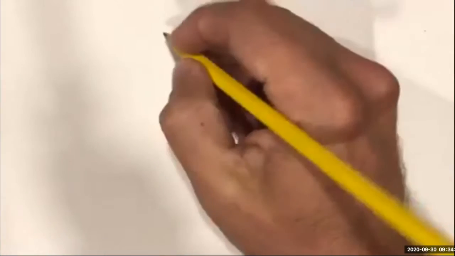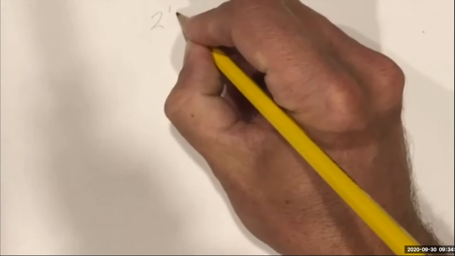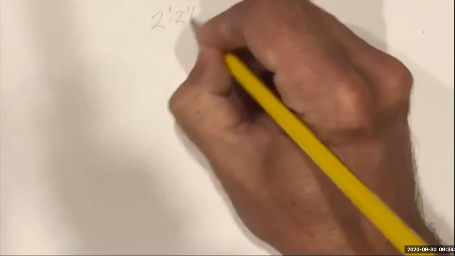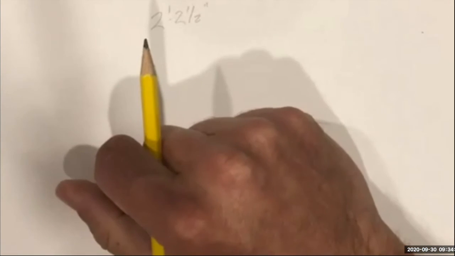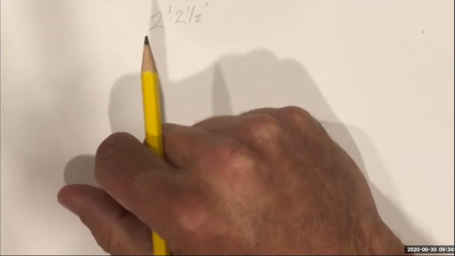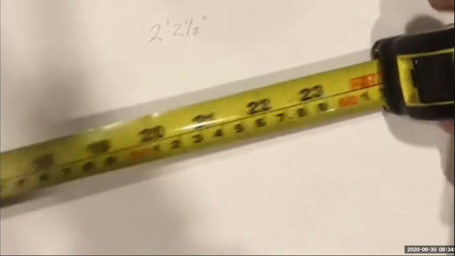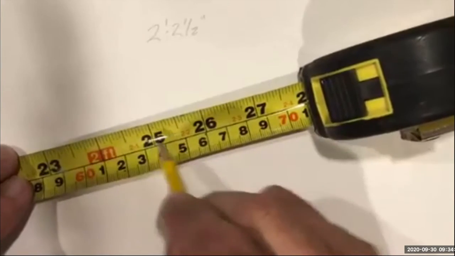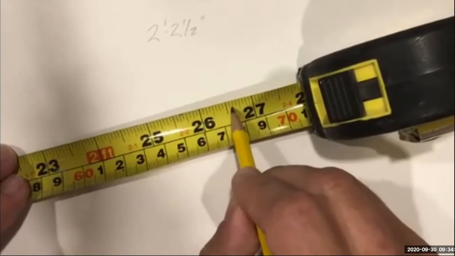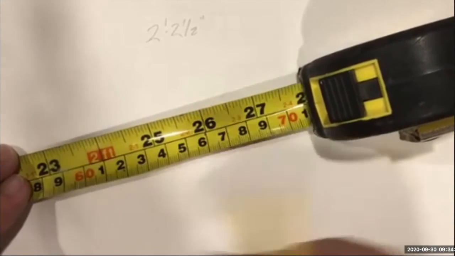So let's say we want to draw something that's 2 foot 2.5 inches to make it even more annoying. All right, so it's not just 2 foot 2 inches. So like here would be, say, 2 feet. So 2 foot 1, 2 foot 2 inches and 1/2 an inch, okay, in real life.